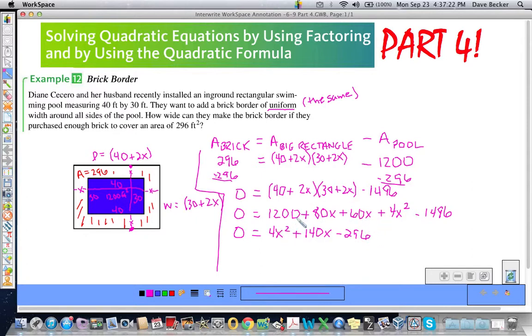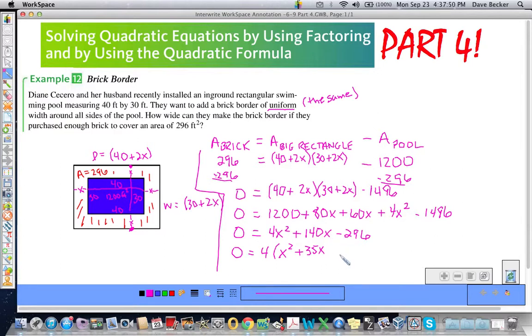So I'm going to try and solve it by factoring. So 0 equals 4 times x squared. Let's see, 140 divided by 4 is 35. So that's plus 35x. And then we know that 296 is divisible by 4 because 300 is divisible by 4, and 296 is 4 less than it.